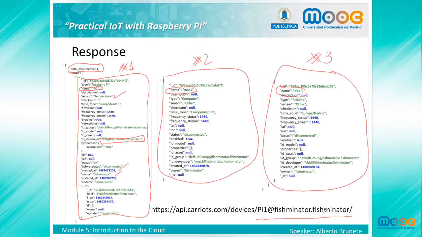And this is one of the good things of REST, that we can navigate through the hierarchy of our system in order to get information deeper and deeper. Information that we don't have to know in advance. We can get directly from the system. In the next lesson, we are going to see how to work with carriers.